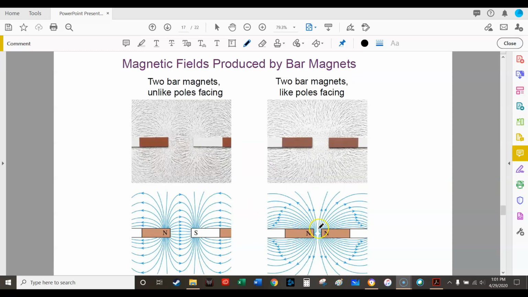Well, if you bring north close to north, those magnetic fields are going to be bending away from each other, right? So right here in the center, there is actually no magnetic field. The B field at this point is 0. So if you put a compass right here, it would be free to move. It's actually pointed in no direction.